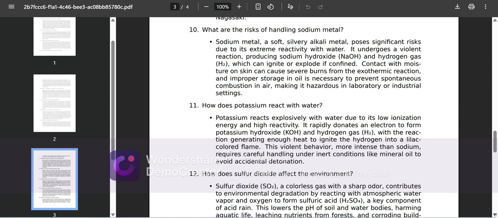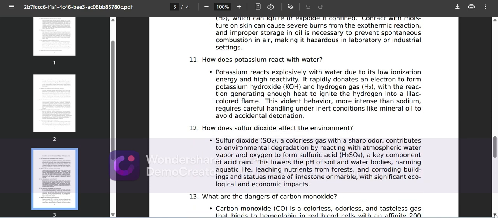Contact with moisture on skin can cause severe burns from the exothermic reaction, and storage in oil is necessary to prevent spontaneous combustion in air, making it hazardous in laboratory or industrial settings.